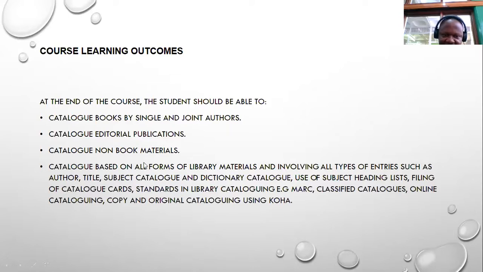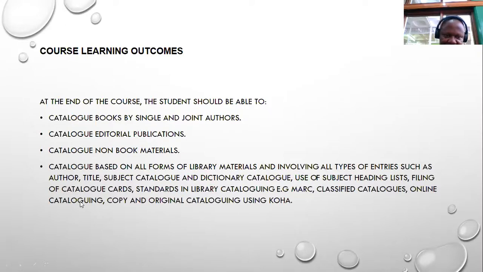and then the catalog based on all forms of library materials, involving all types of entries such as author, title, subject catalog, dictionary catalog. We have used subject heading lists, the Sears. I'm not sure whether we shall have access to Library of Congress subject lists, but if we do, we shall look at them. Filing of catalog cards, standards in cataloging, the MARC, the classified catalogs, online cataloging.